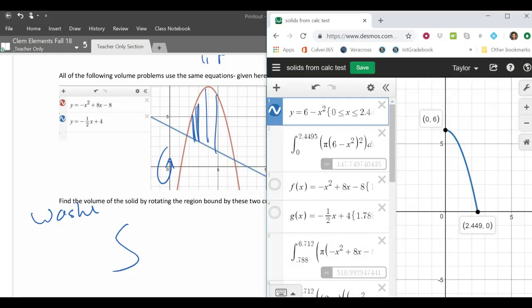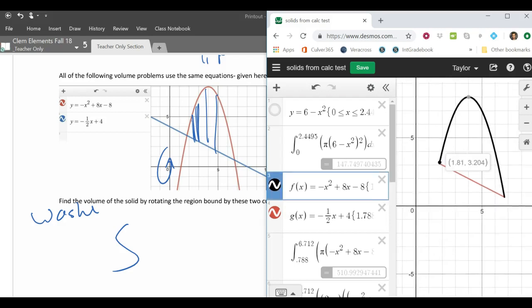Let me just get these two points of intersection, and that way I always have them and can just keep using them. So that's 1.79 to 6.7.